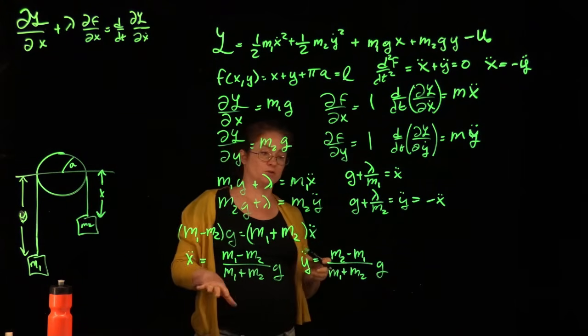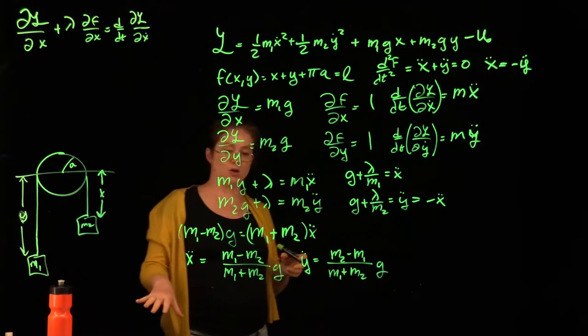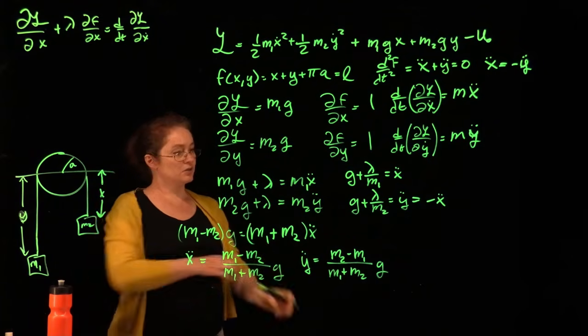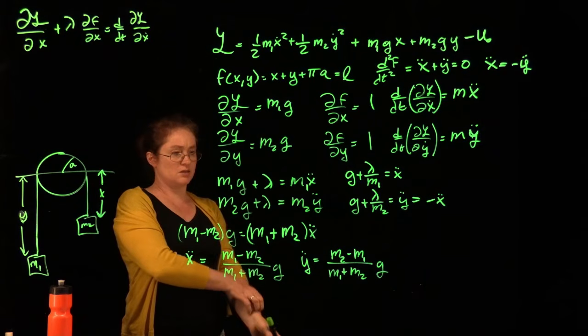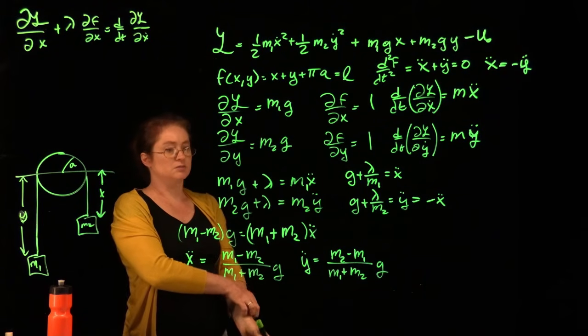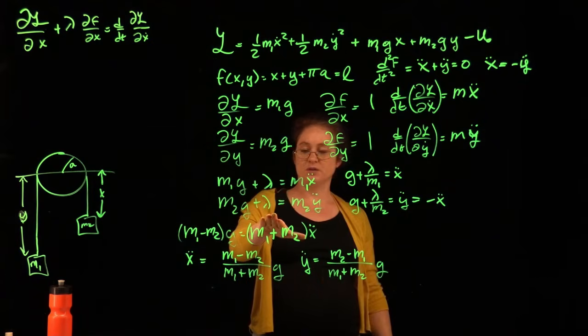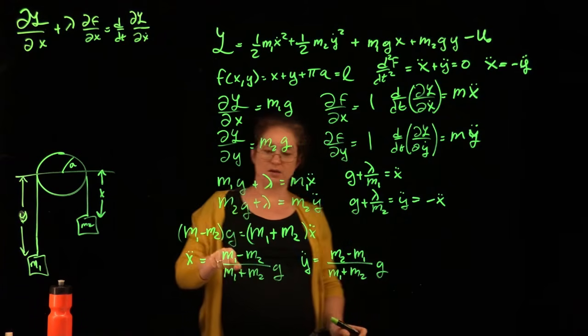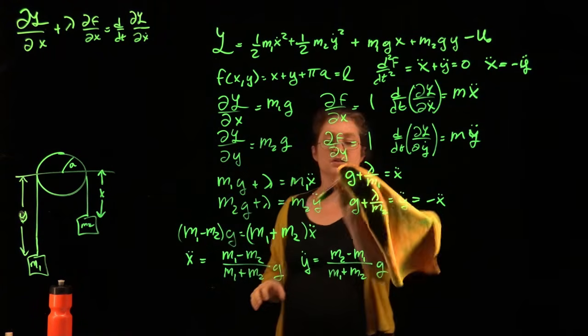Now we have to solve for lambda. There's a few ways that we could do this. I'm going to add these two equations. I didn't actually end up using this.